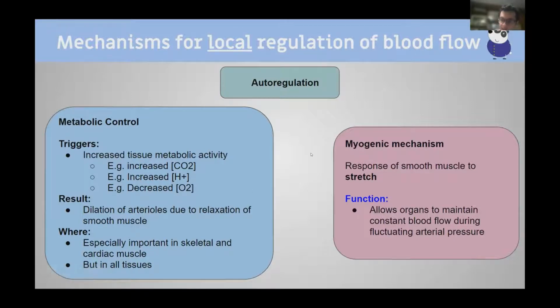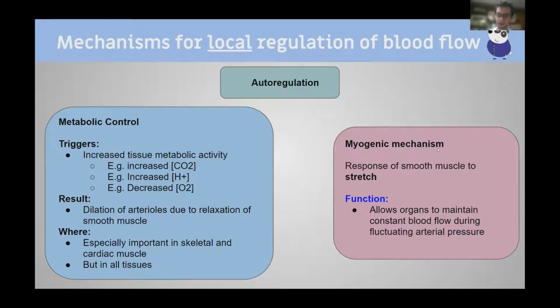The myogenic mechanism is also known as a stretch response. And this is really important as it allows organs to maintain constant blood flow during fluctuating arterial pressure. So if you think about your daily life, if you're running, you're going to have a lot more cardiac output than if you're resting, like we saw before. But you want to maintain a consistent flow of blood to your body and to your kidneys.